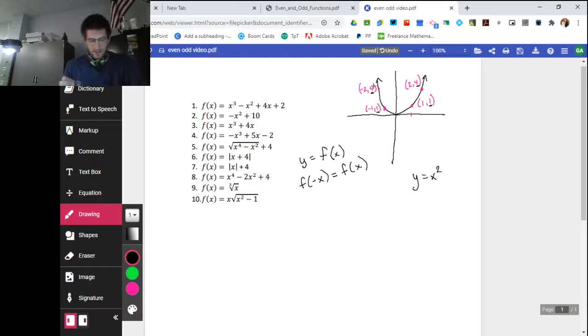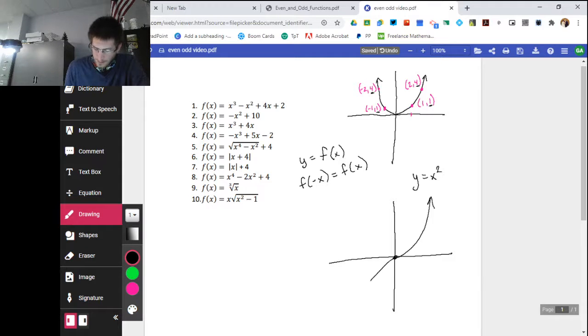So let's look at some of these examples here. I guess let's talk about an odd function first, and then we'll do them all at the same time. So an odd function, if we have y equals x cubed, it's a graph that looks like this. If I put the point 1 in, I get a 1 out, so the point 1, 1 is on my curve, 1 to the third is 1.